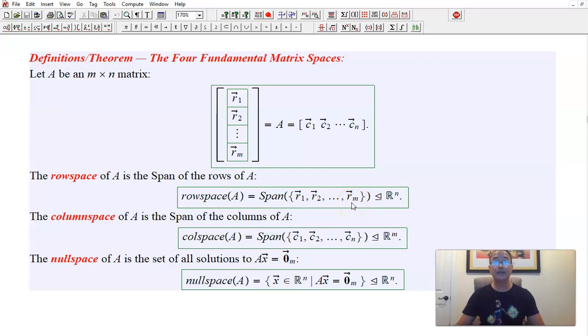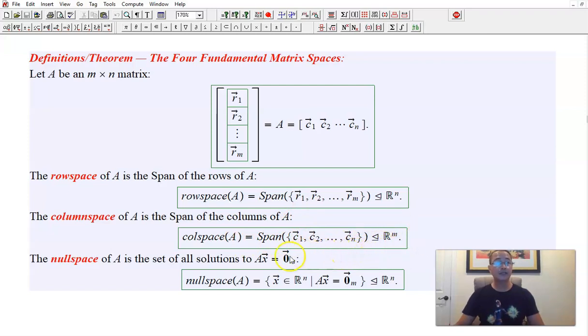Each of these vectors has n entries because there are n columns. So therefore, the row space is a subspace of Rn. Similarly, the column space of A is the span of the columns of A. So we have the span of column 1 through column n, and each column has m numbers. So therefore, the column space is a subspace of Rm.